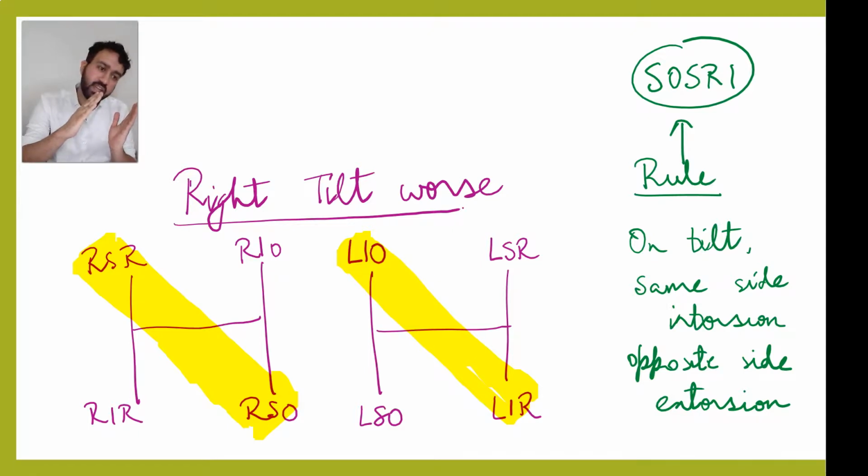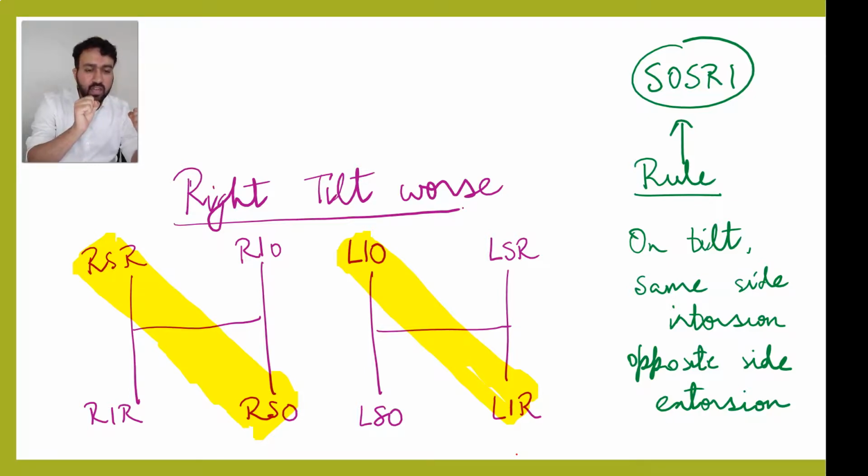So there's a right head tilt here. In a right head tilt, because the head is tilting this way, the right eye is going to intort and the left eye is going to extort, okay? So this head tilt is going to cause intorsion on the same side and extorsion on the opposite side.